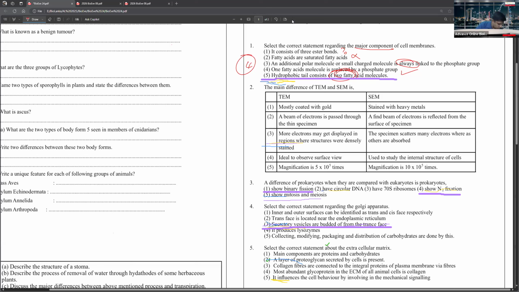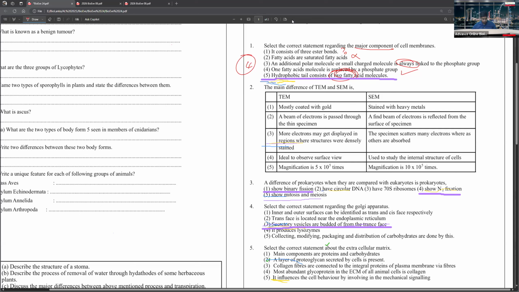Now, the resource says we know that hydrophobic tails are formed by fatty acids, but actually the tail is a hydrocarbon tail. Let me read that part. Phospholipids are composed of two fatty acids and one phosphate group attached to one glycerol molecule.